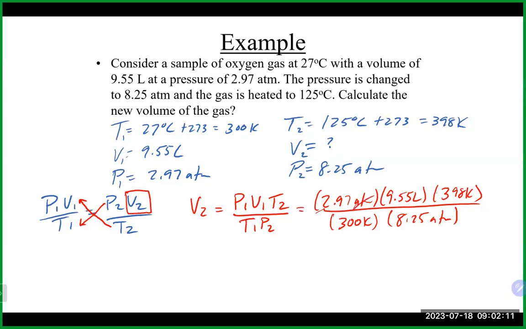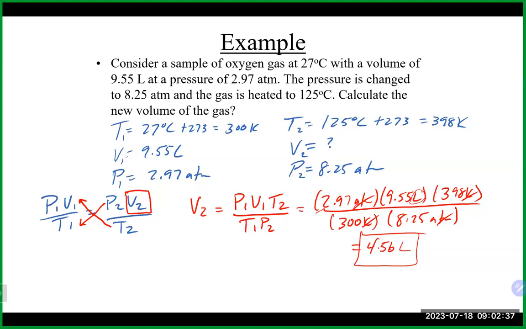Our atmospheres will cancel, our Kelvin will cancel. Again, that leaves us liters up on top, which is what we're looking for, since we're looking for a volume. We got 2.97 times 9.55 times 398 divided by 300 and divided by 8.25. That's going to give us about 4.56 liters as our answer in this case.